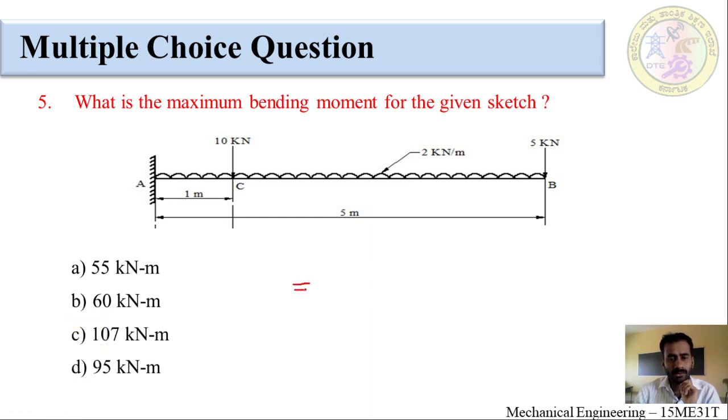is equal to this load 5, minus 5 into 5, minus the UDL. The total length of the UDL is 5 meters, that is 2 into 5, from B to A it is 5 meters, and this acts at half of the distance of 5 meters, that is 5 by 2.